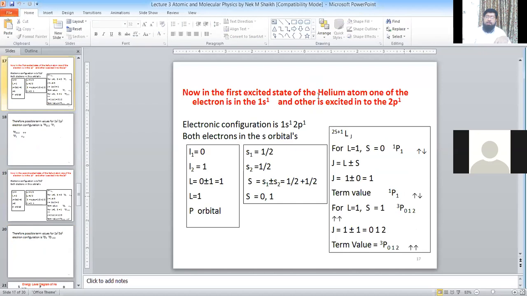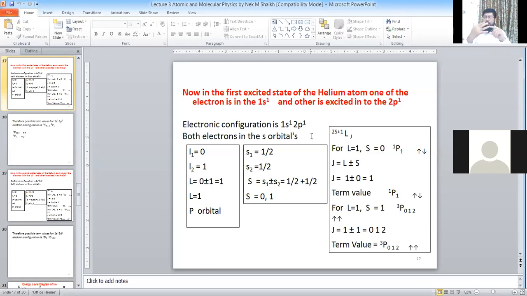Then we discussed the p orbital. In n equal to 2, there are two orbitals, one is s and the other is p. But if the electron is in the p orbital, then the term value will be different, because now the first electron is in the n equal to 1 s orbital and the second electron is in the n equal to 2 p orbital. The angular momentum of the first electron is 0, and the angular momentum of the second electron in the p orbital is 1.